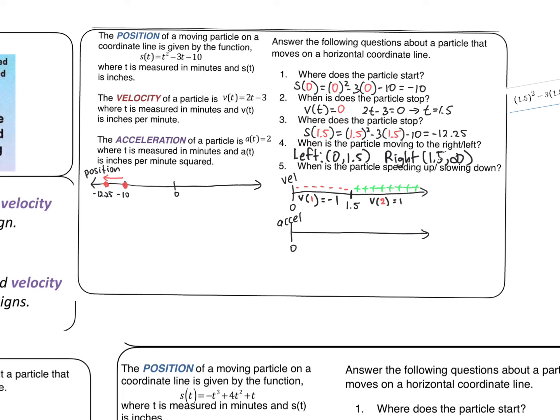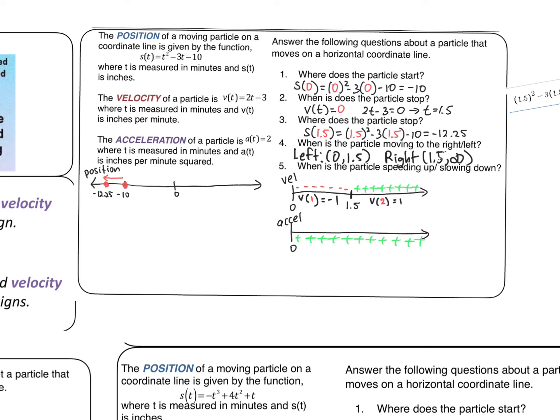The next thing we need to do is decide when the particle is speeding up or slowing down. The good news is that there are really no calculations to do, because the particle always has an acceleration of positive 2. If that's true, then this is always going to be positive. It's always accelerating in the positive direction.